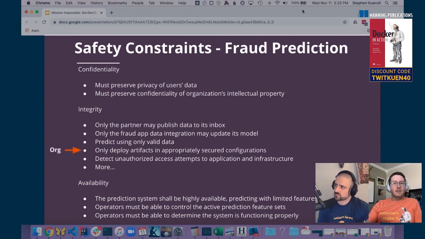One of my favorites here is that we only deploy artifacts in appropriately secured configurations. And that might be something you can say at an organizational level, and that basically maps to policy, what often gets referred to as a security policy, like a paper policy.